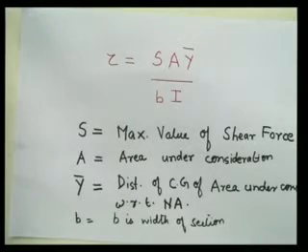Now we will derive the formula for the rectangular cross section of a beam. To derive it, we are taking a rectangular beam having width B and depth D, and the beam is subjected to a uniformly distributed load.